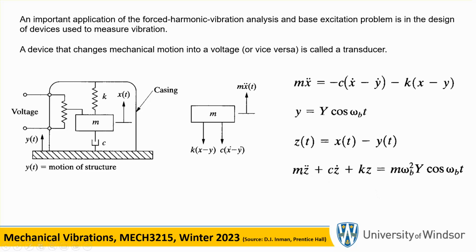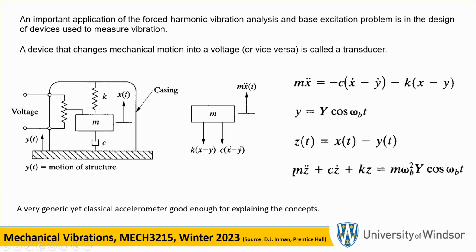plus y double dot. So this equation, actually, we have seen somewhere. We have seen it when we did the stuff 2 weeks ago, except that the variable that was sitting on the left side was not relative displacement, it was the global displacement.